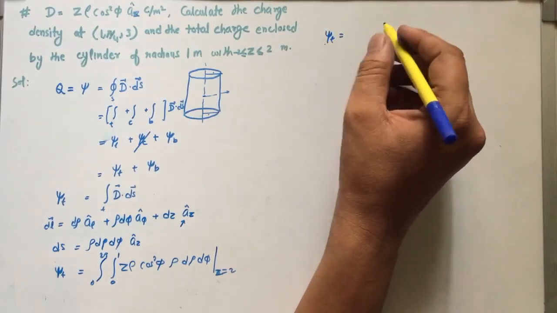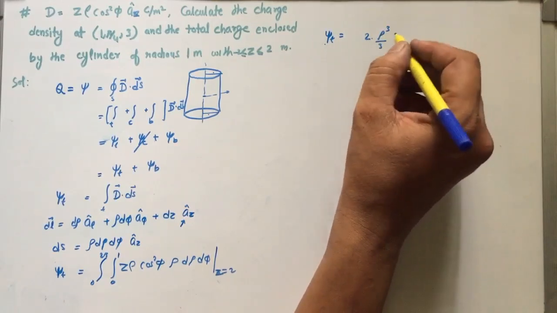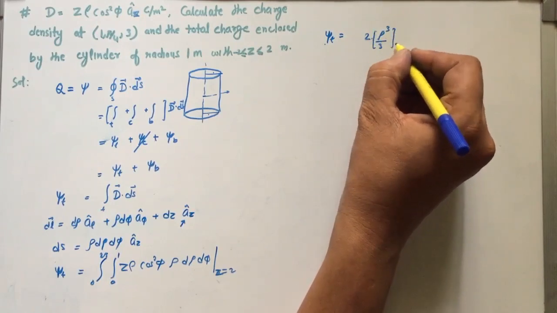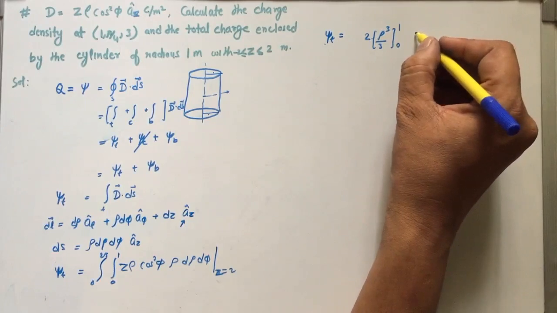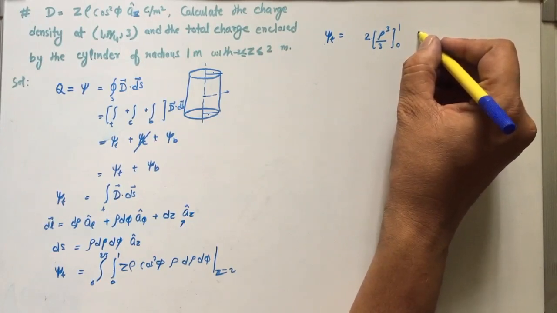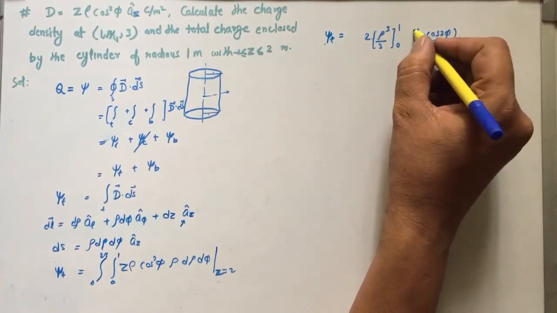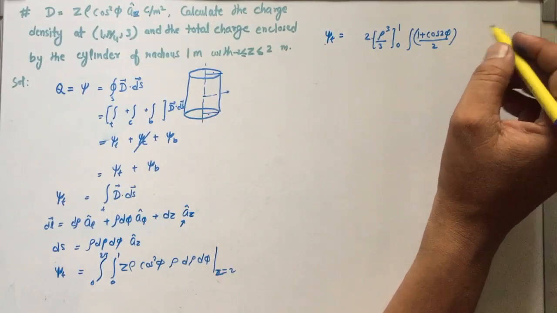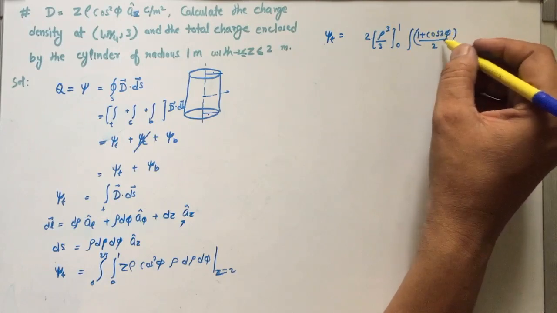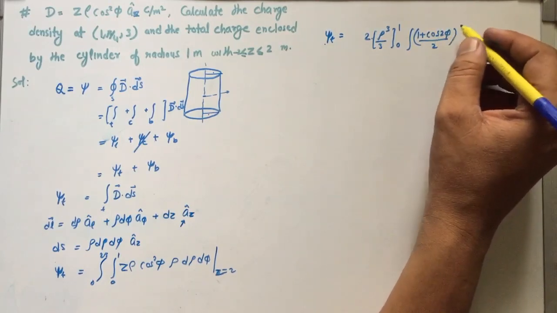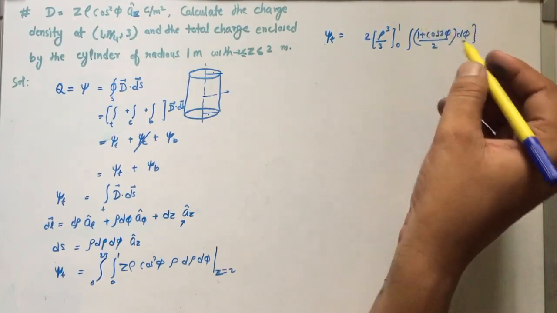It will be 2 rho cube by 3 from 0 to 1, and cos square phi can be written as (1 plus cos 2 phi) by 2, since cos square theta minus sin square theta is cos 2 theta and cos square plus sin square is 1. Integration with respect to phi. This is the total answer.